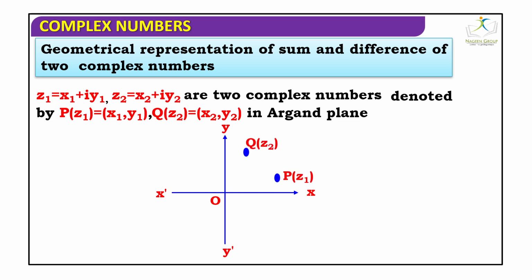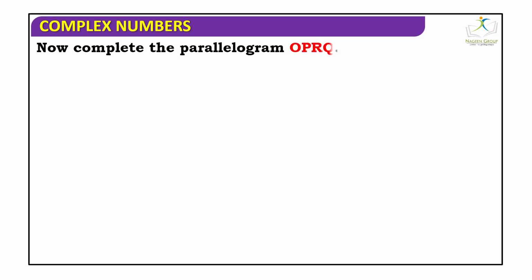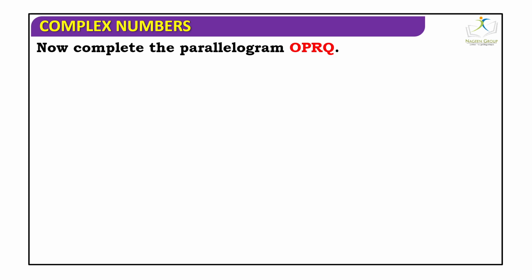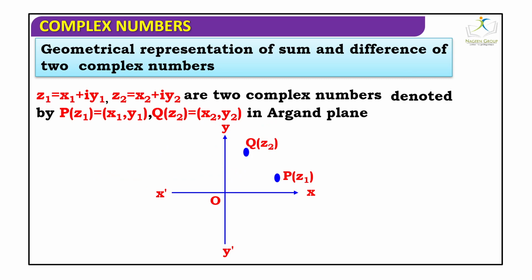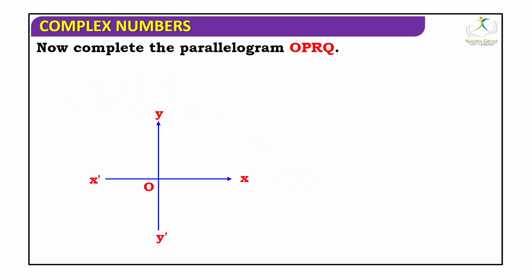P and Q are two vectors, two complex numbers. Now complete the parallelogram. We have here OPRQ, as we have these two values O and P. So OPRQ will be the parallelogram, right?